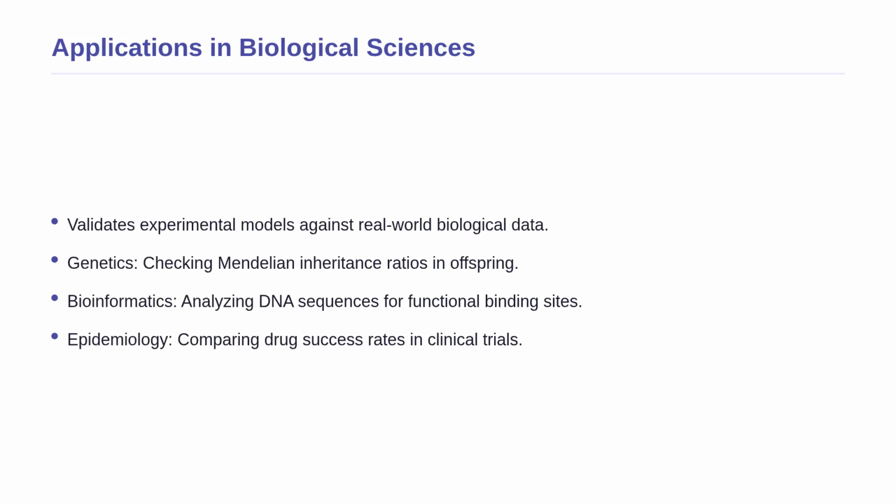You might be wondering why this specific test is so crucial for a zoology or computational biology student. The truth is, without the chi-square test, scientists would have no objective way to validate their experimental models. Geneticists use it constantly to verify if the offspring of a genetic cross actually follow classic Mendelian inheritance ratios, like the famous 3-to-1 ratio.